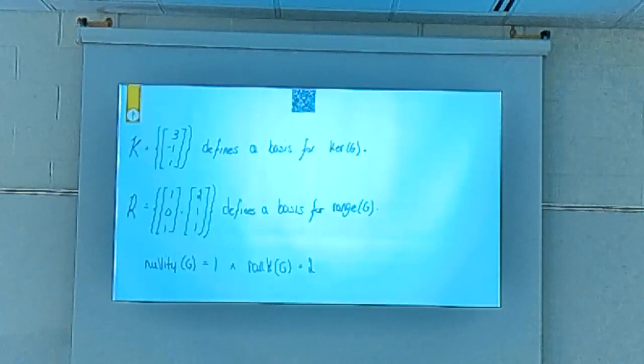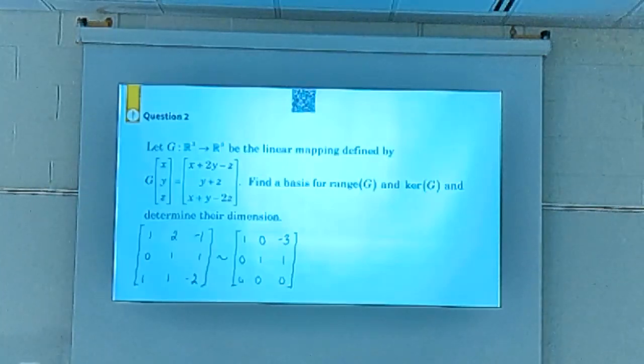Can you explain how you're getting 1 for row 3 in the kernel? I got negative 3, 1, 0. So remember what we did before. Yes, that is true, right? The last column is negative 3, 1, 0. That is a system, and you have to solve in terms of the free variable.